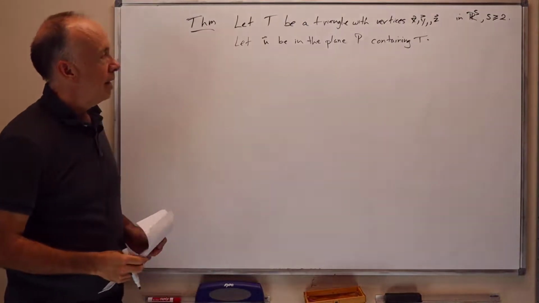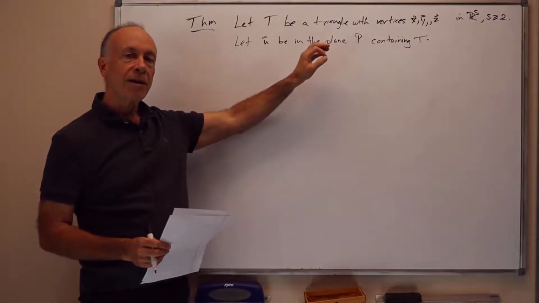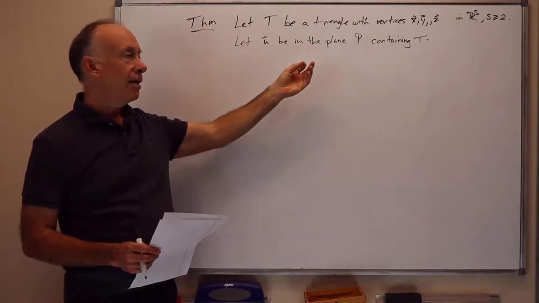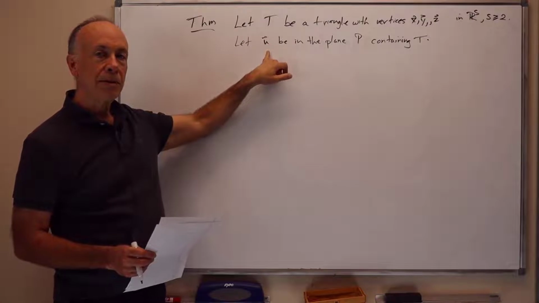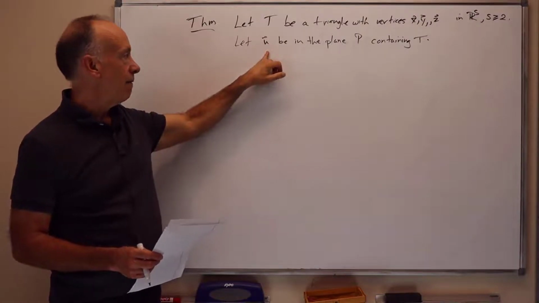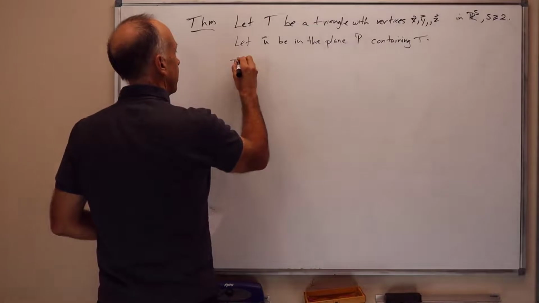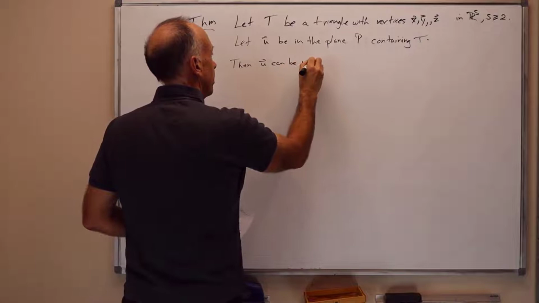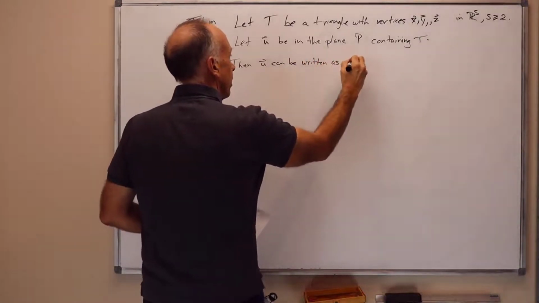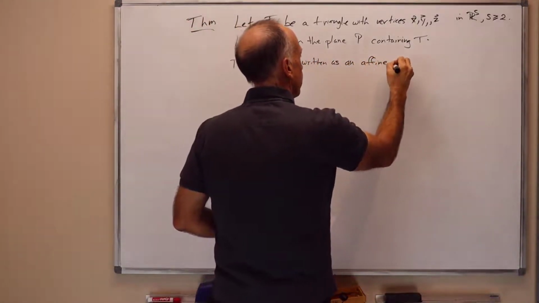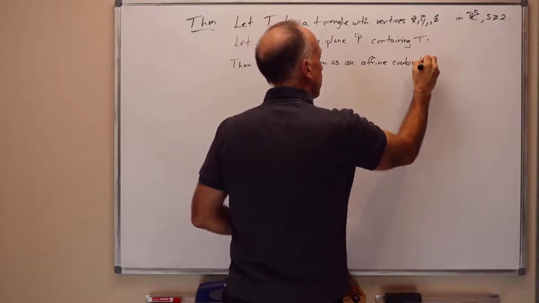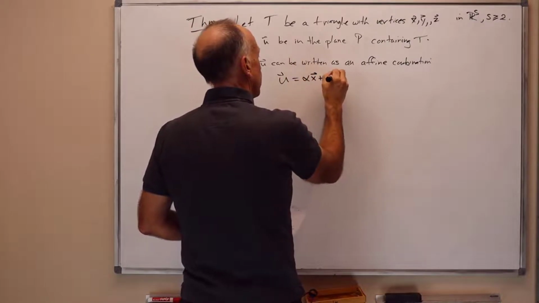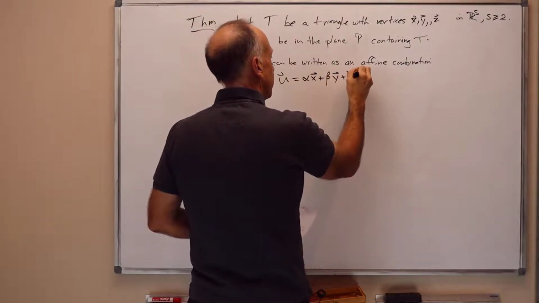So in this case, we have the same type of situation. X, Y, and Z are vertices of the triangle T. Now T lies in a plane P, and U is somewhere in the plane P, but not necessarily inside the triangle T. But the conclusion is that in this case, U can be written as an affine combination U equals alpha x plus beta y plus gamma z.